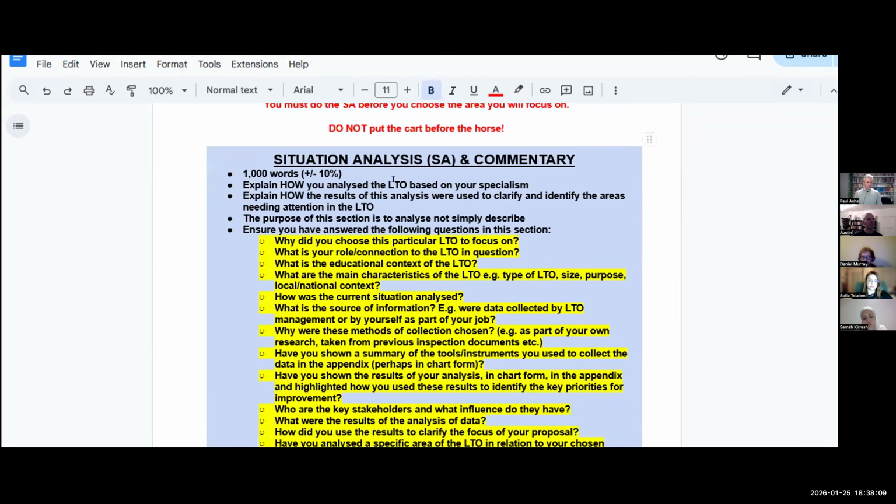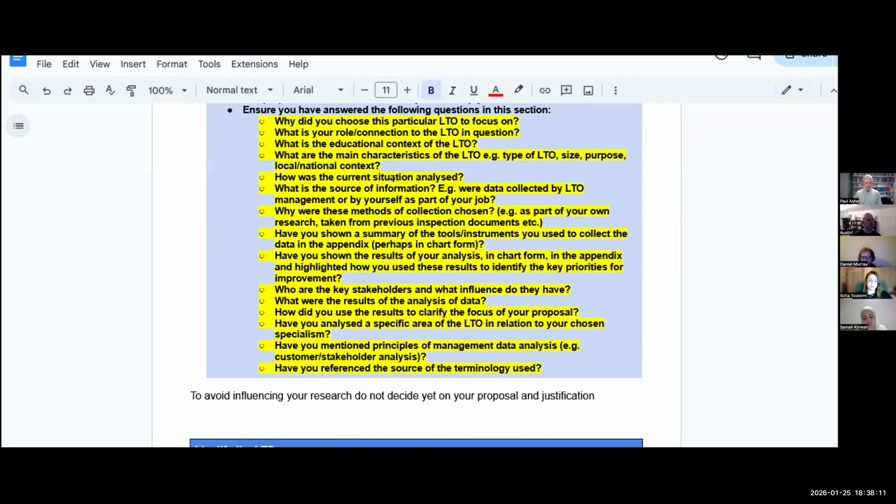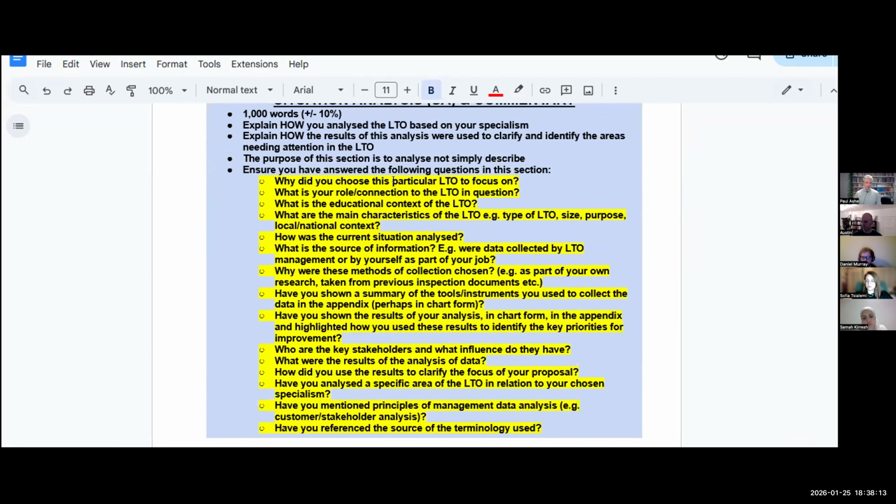Yeah. And as you can see, the guiding questions to help you focus on that are a lot more extensive. Sorry, not expensive. A lot more detailed. And again, just answering the questions will guide you to ensuring you have the information you need.